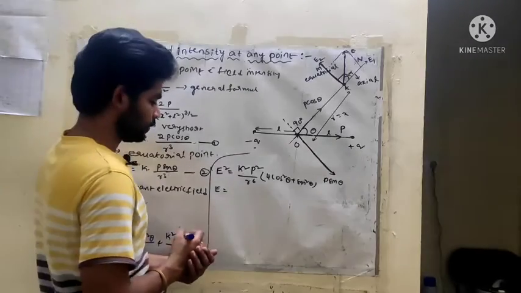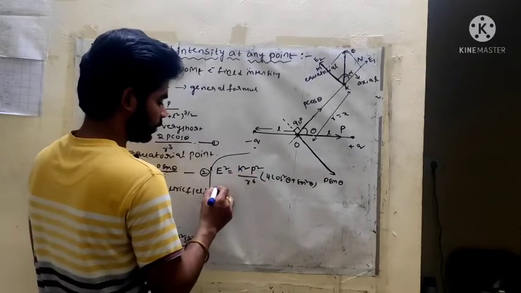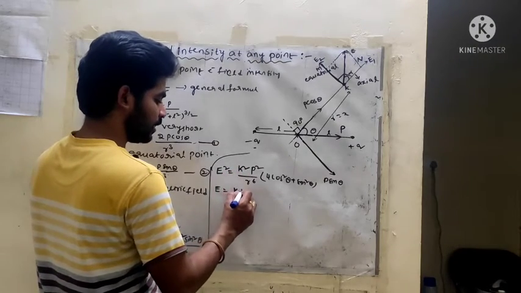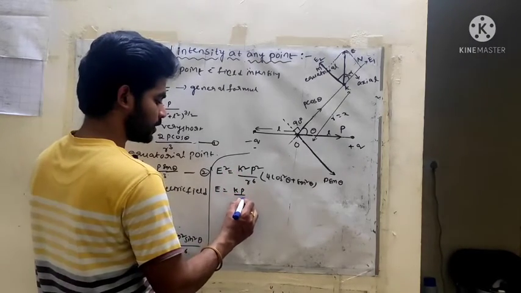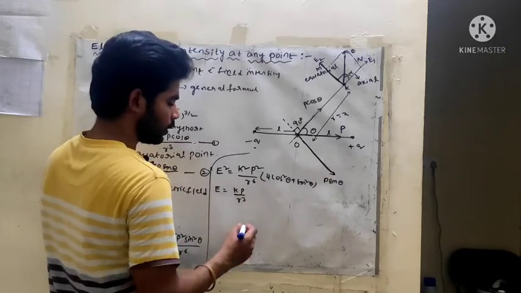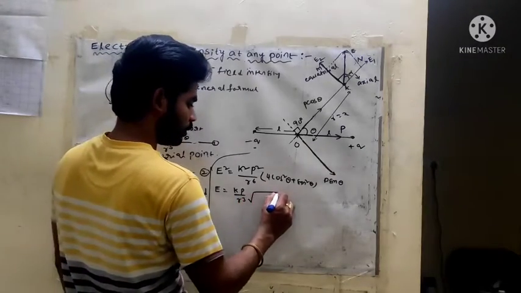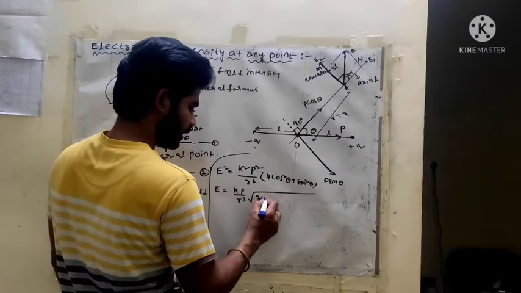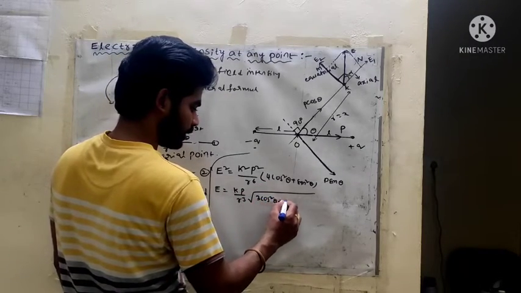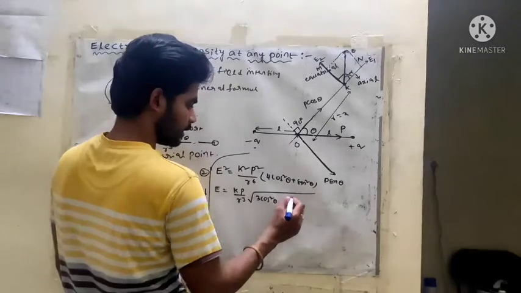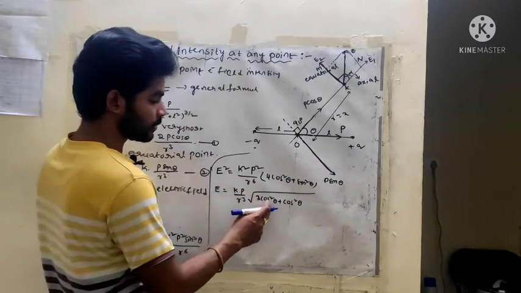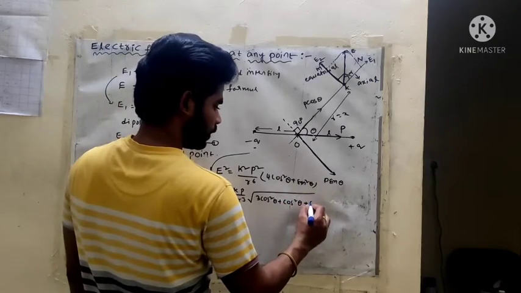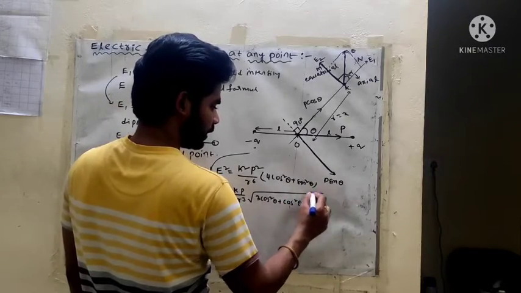E is equal to the square root. Shift that side: k square means k, p square means p, r power 6 means r power 3. Applying the root to 4 cos square theta plus sin square theta, I write 3 cos square theta plus cos square theta, that is 4 cos square theta, plus sin square theta.